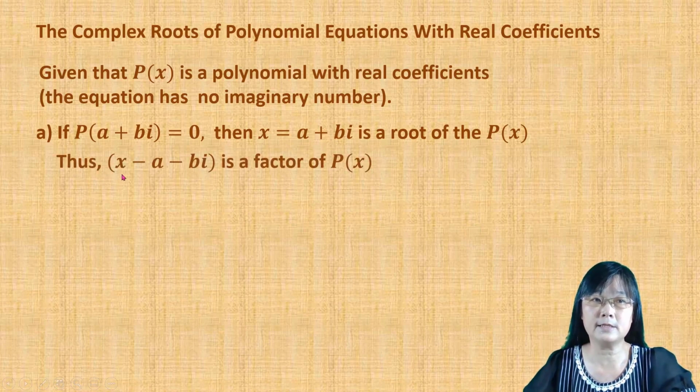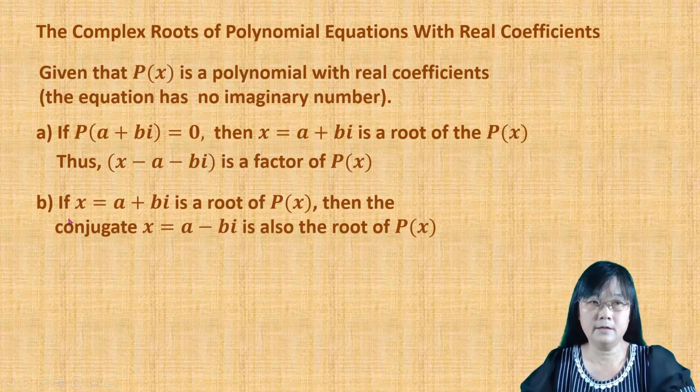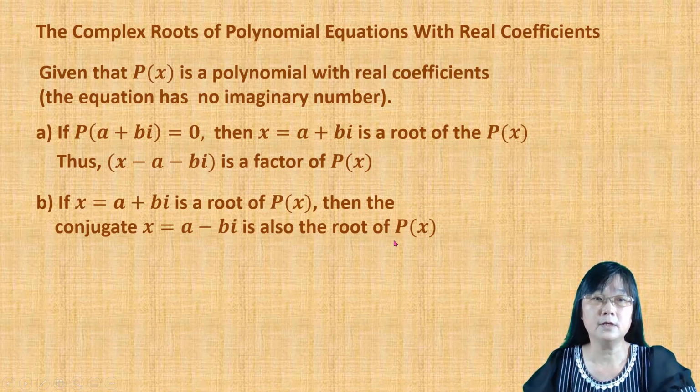Then we can say that x minus a minus bi is a factor of this polynomial. If the complex number a plus bi is a root of the polynomial, and the polynomial has real coefficients, it means the conjugate x equals a minus bi is also a root.